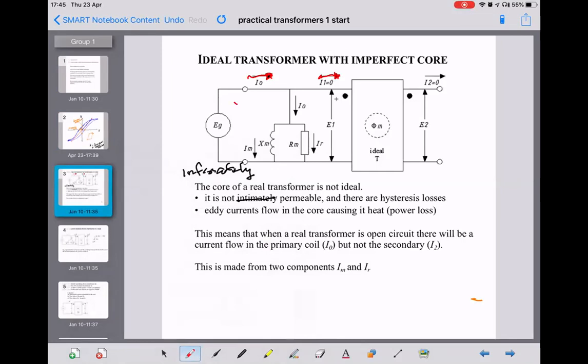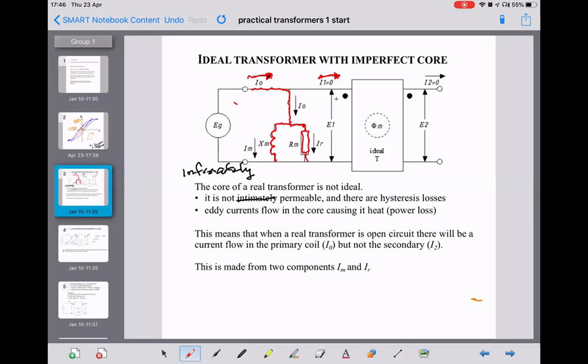So this IO goes down here, and then that's the total of IM through an inductance and IR through a resistor, RM, where those two components represent, the resistance represents the iron loss in heating.